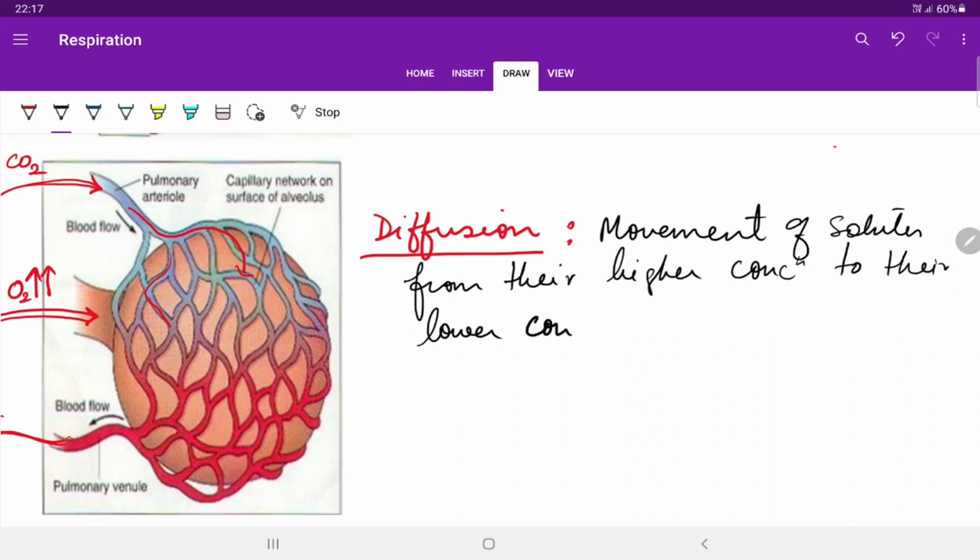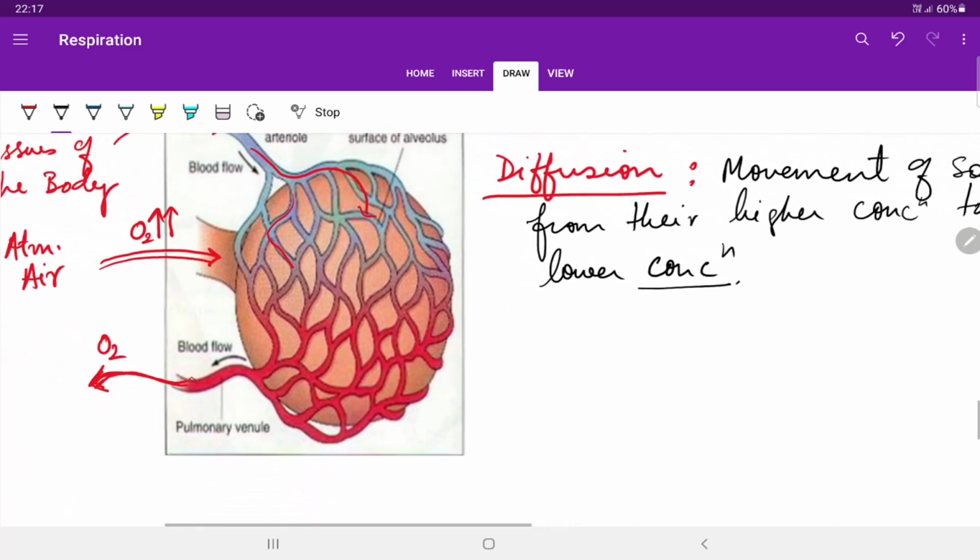So, this is, in a very simple concept-wise way, how we have understood diffusion. So, here we can say that in the tissue fluid, in the tissues, which gas was higher? In tissues, carbon dioxide concentration is higher.